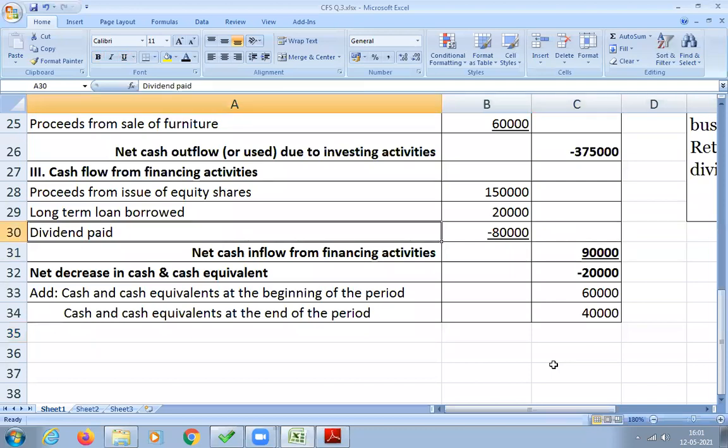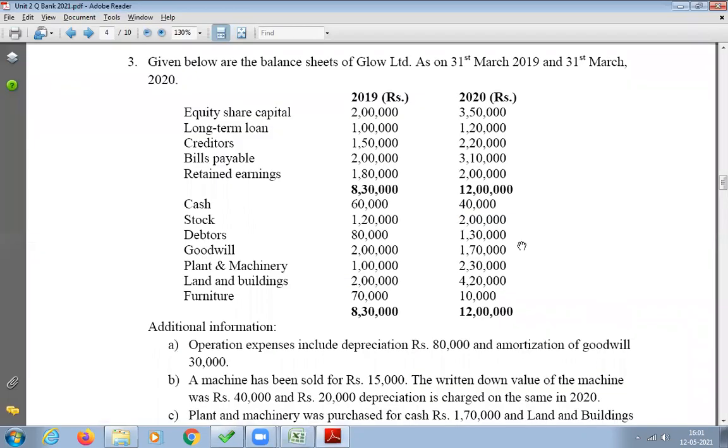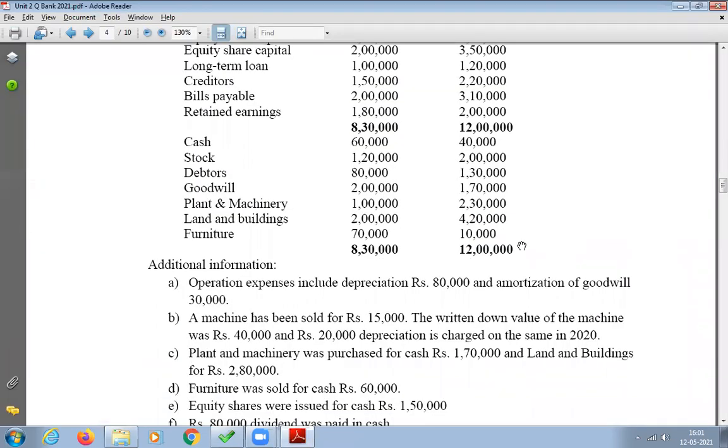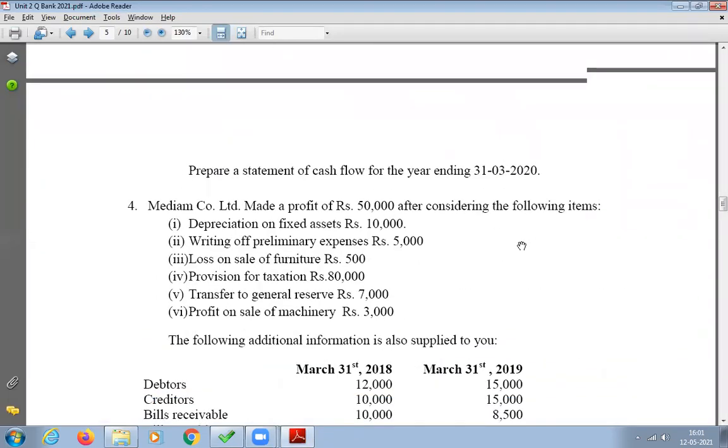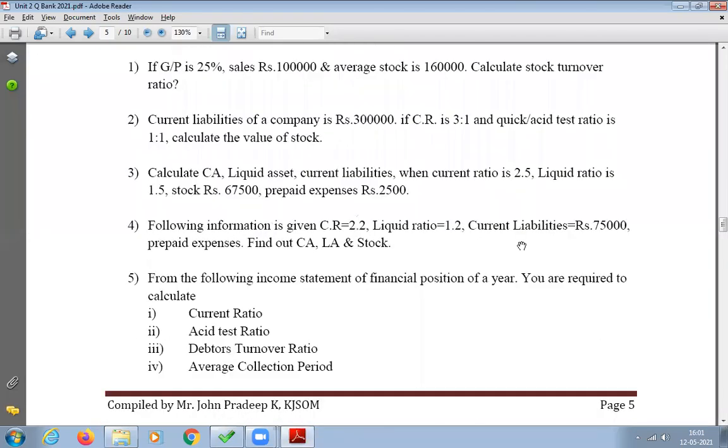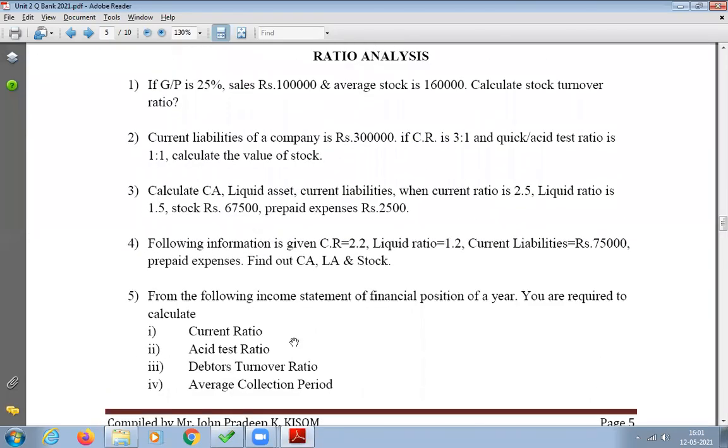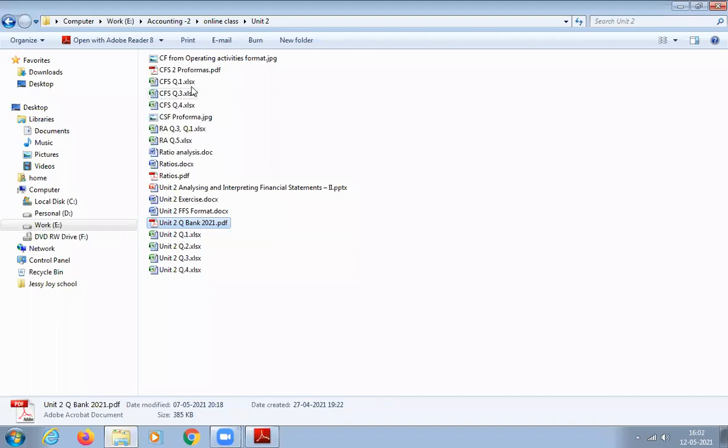Shall we go to the next topic now, if there are no doubts? For question number 3, there is no doubt. Question 4 we have already done. The next topic is ratio analysis. I told you to write down the formulas. Did you at least download the formulas from the question bank?